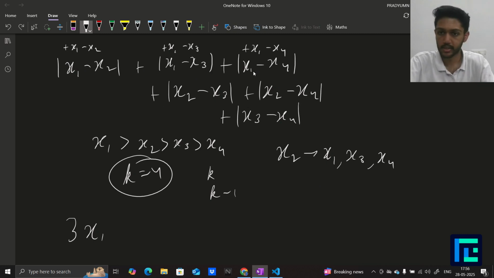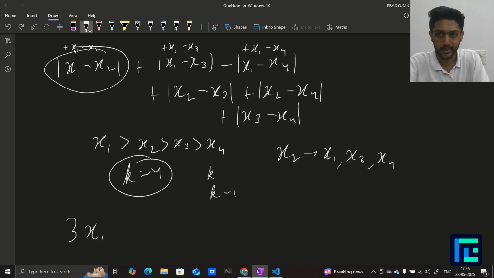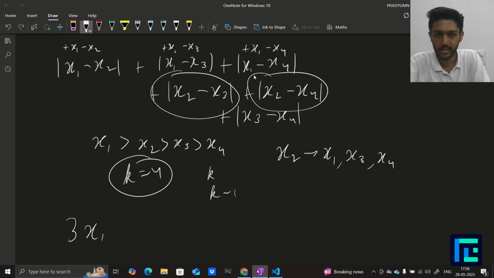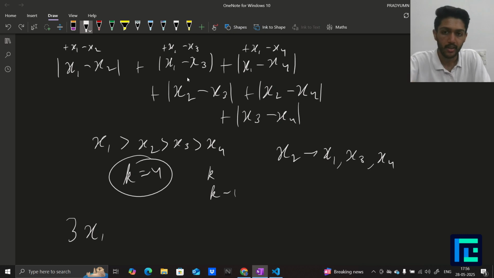But since x2 is the second one in line, x1 is greater than x2. So when x2 is with x1, it will be negative, like x2 is negative right here in this case. But in both of these cases, since x2 is the bigger one, it will be opened in positive.